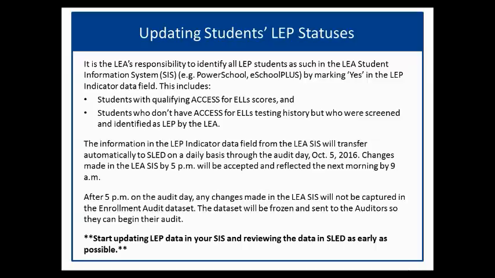The way you do that is by marking yes in the LEP indicator data field in your SIS. Students who you should be identifying as LEP are those who had a qualifying ACCESS for ELLs score from a past year, as well as those students who don't have ACCESS testing history because they're outside of the age range or because they're new, but who were screened and identified as LEP by the LEA.